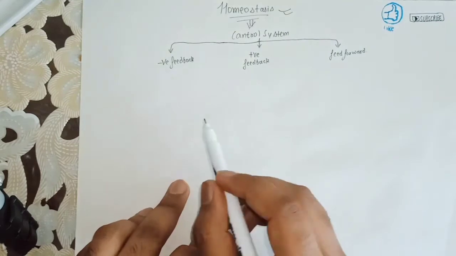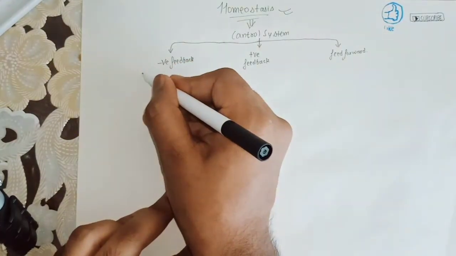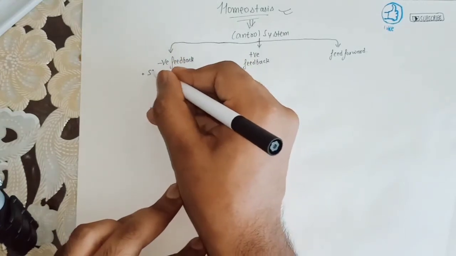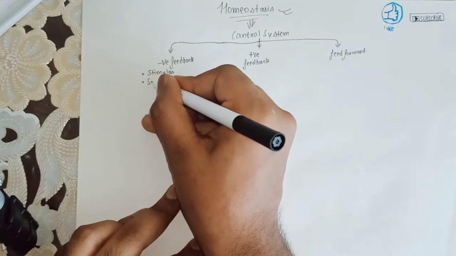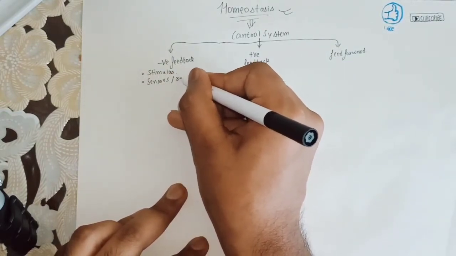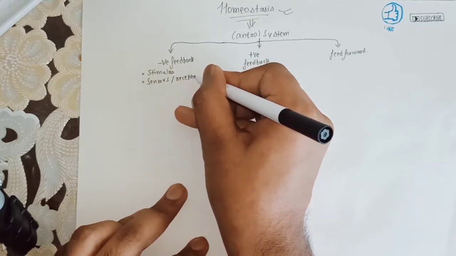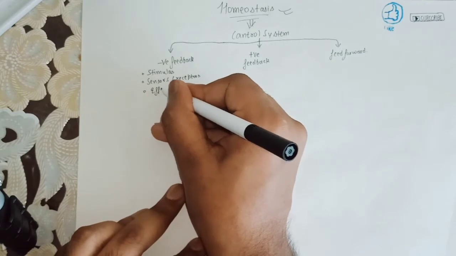So guys, in the negative feedback mechanism, we basically require three things. That is, first of all, stimulus, sensors or receptors, and effectors.